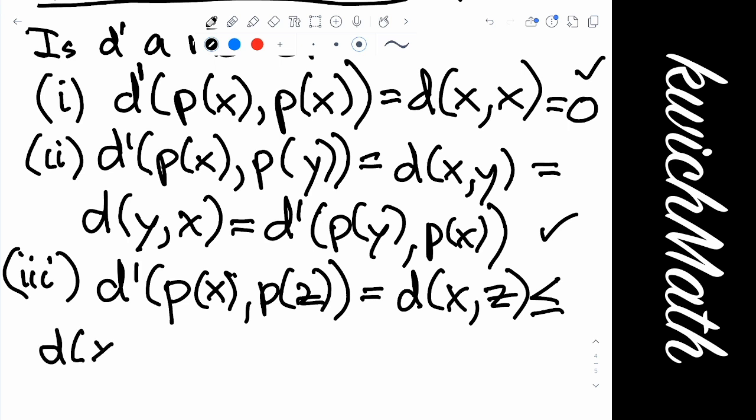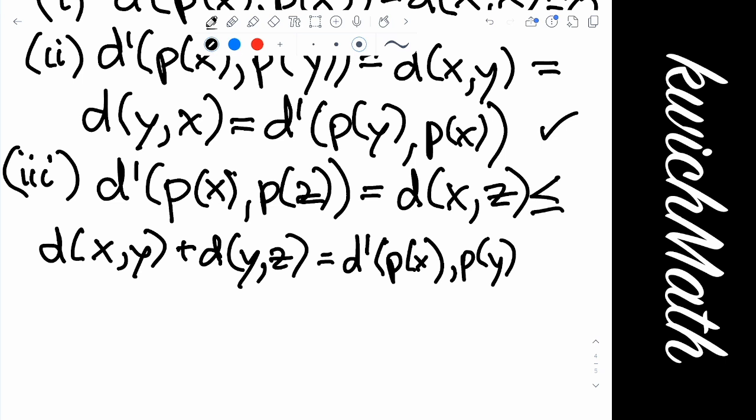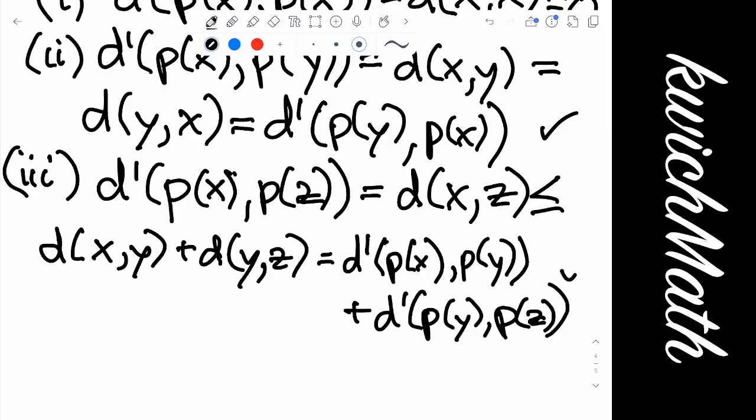So we can insert the y, taking the detour. But then again, we can use the definition of d prime to see that this is exactly what we want it to be. All right, so that one is also good.